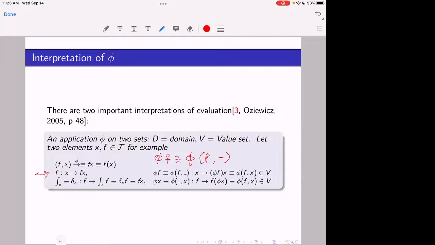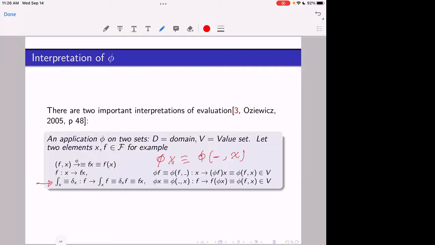Then in the next row, here, the operator is phi x, and this is defined like phi acting on f via x.